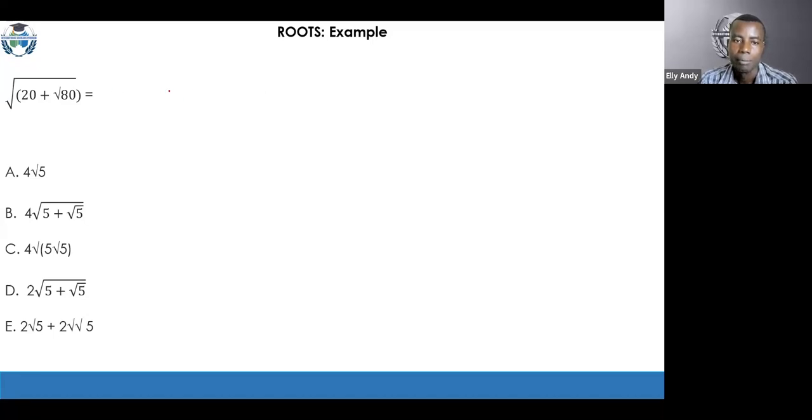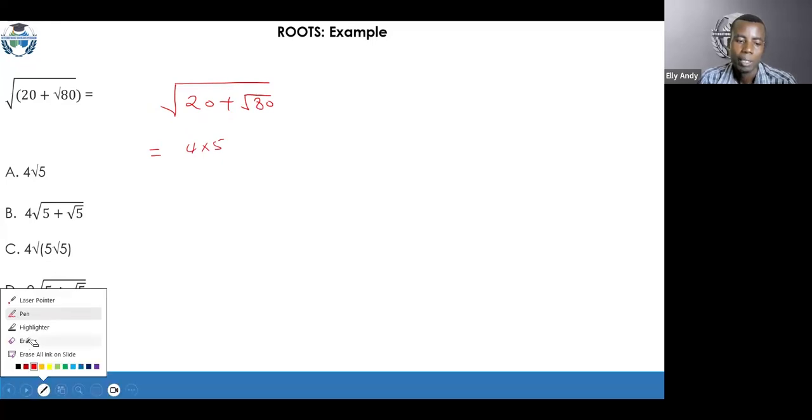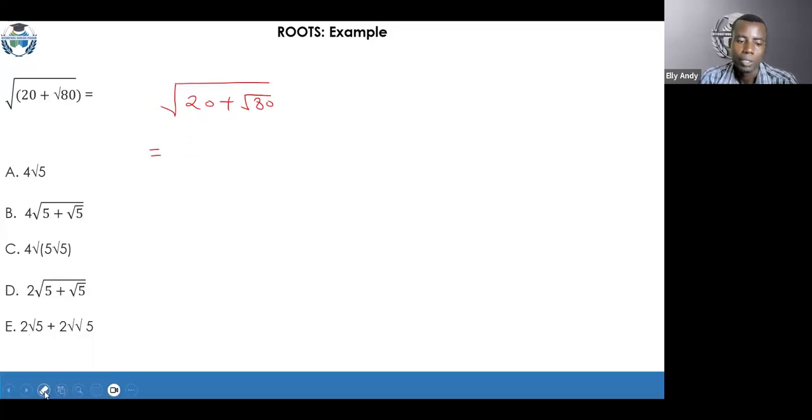We have the square root of 20 plus root 80. So the task here is to find the square root if possible, or simplify it as much as possible. Here, we can simplify 20 as 4 times 5. Or maybe we can start with the other part of the equation.